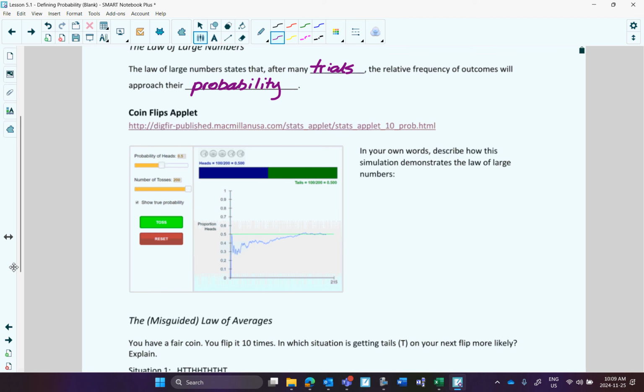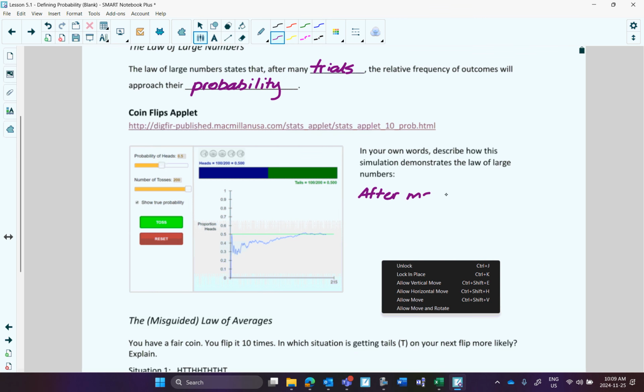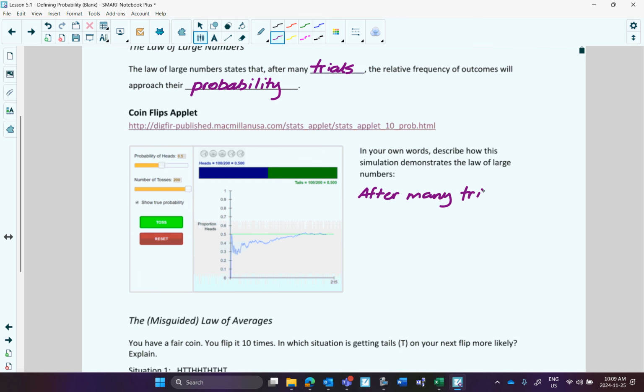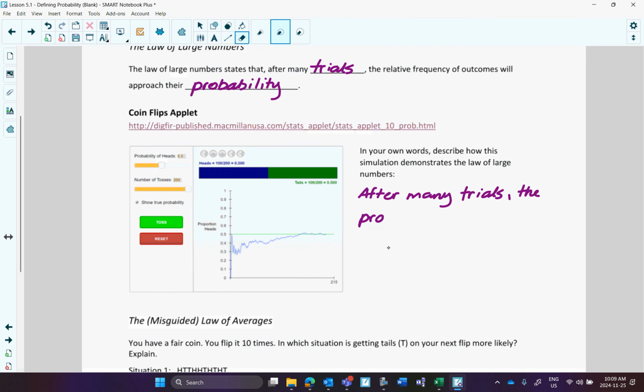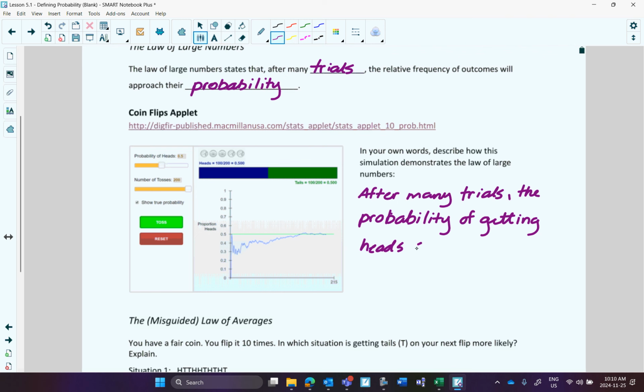So we would say after many trials, the probability of getting heads approaches 0.5, or 1/2, or 50%.